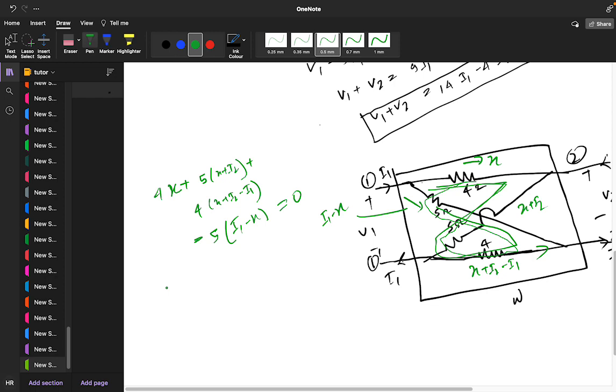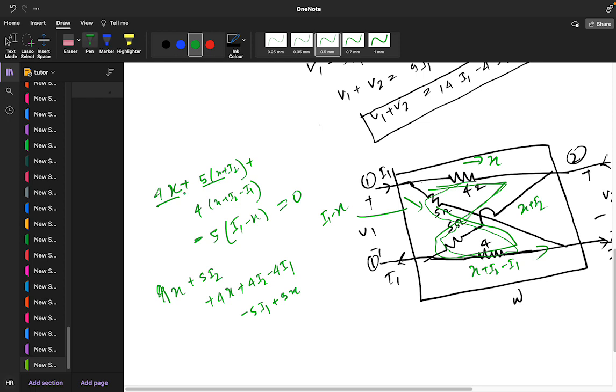Solve this and get the result. 4x plus 5x will give 9x plus 5 I2, 4x plus 4 I2 minus 4 I1 minus 5 I1, plus 5x.